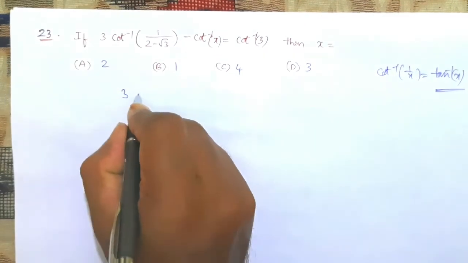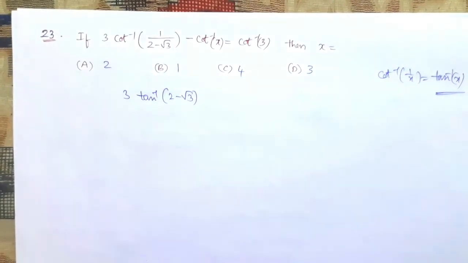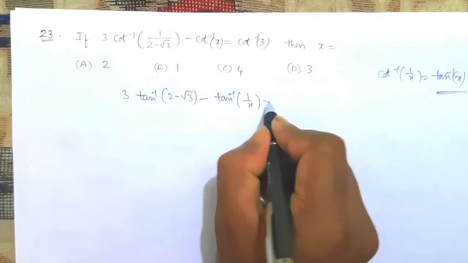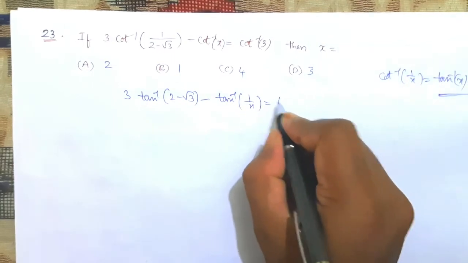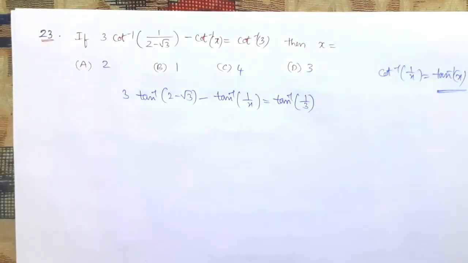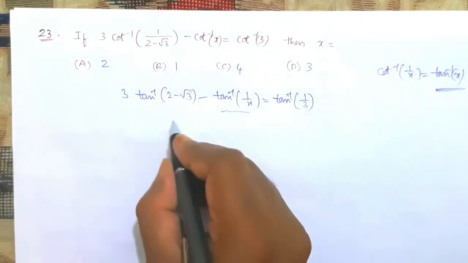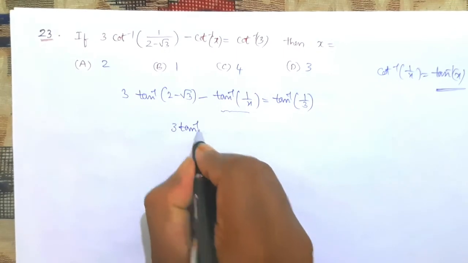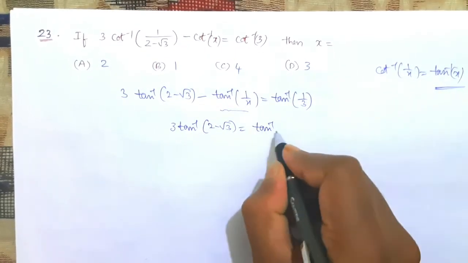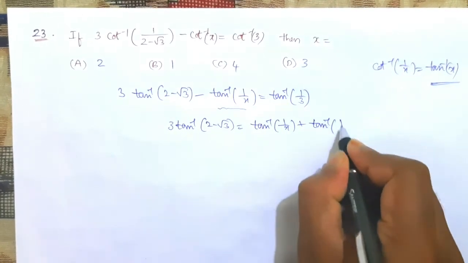So it will be 3 tan inverse of 2 minus root 3, minus tan inverse of 1 by x, and cot inverse of 3 will become tan inverse of 1 by 3. Now send tan inverse of 1 by x to that side: 3 tan inverse of 2 minus root 3 is equal to tan inverse of 1 by x plus tan inverse of 1 by 3.